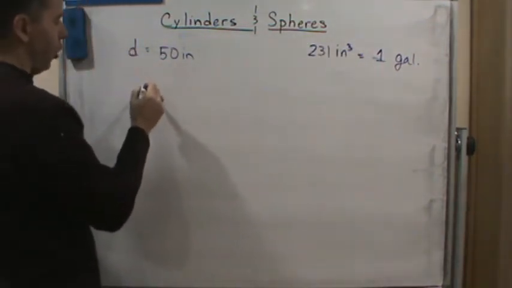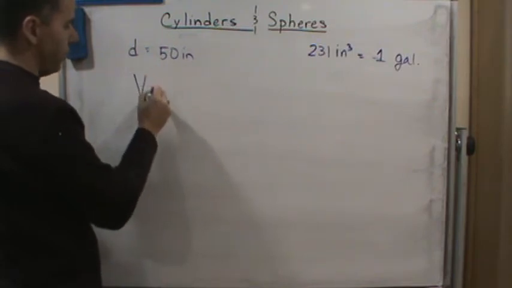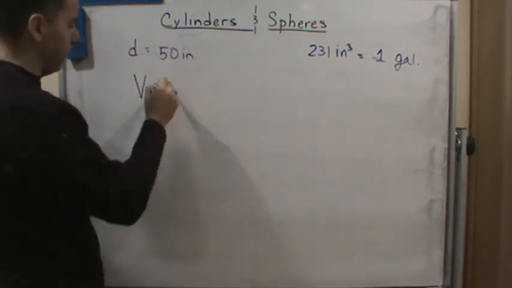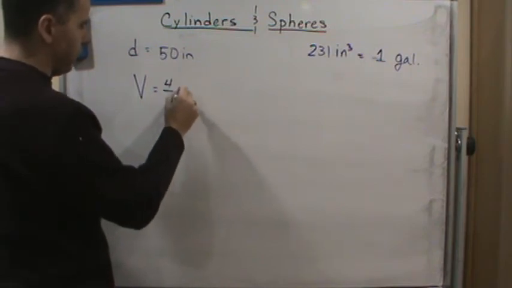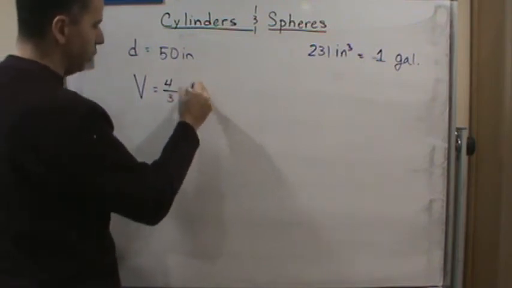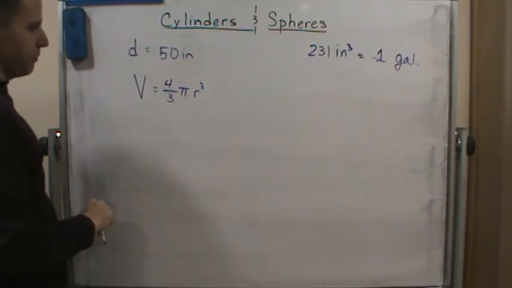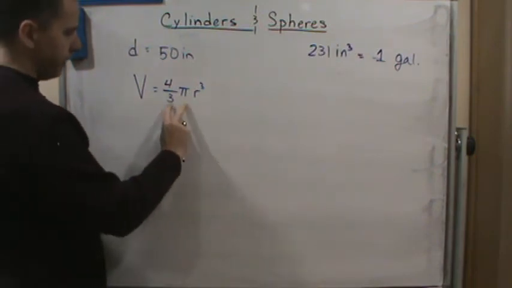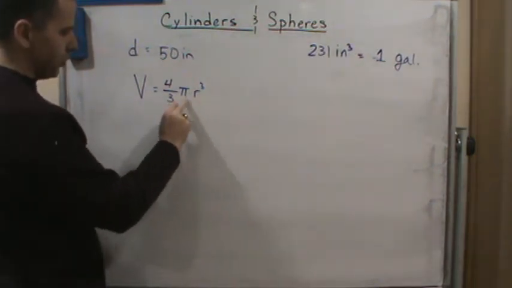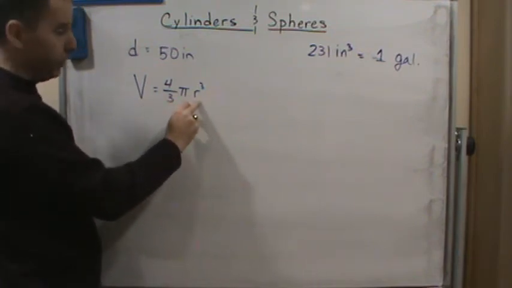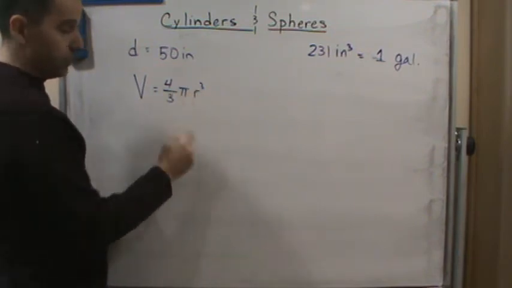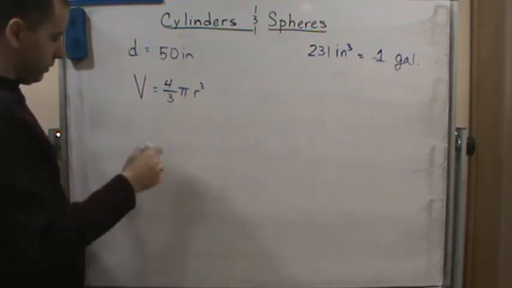Okay, so what's the formula for the volume of a sphere? Since it's a spherical water tank, we're going to use 4/3 pi r cubed. Okay? So always remember this pi and 4/3, those are unitless numbers. So the volume, remember, it's got to be cubic units. Radius cubed is going to give us the units for volume.